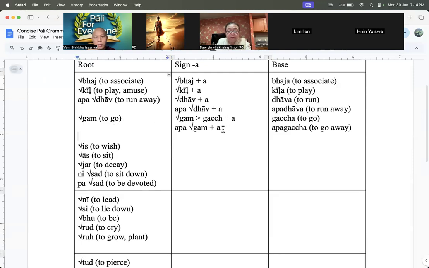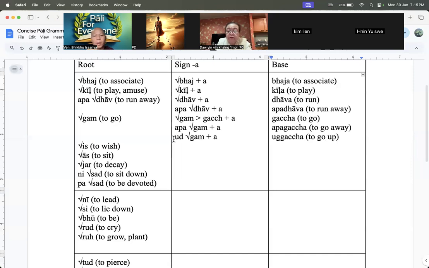And also with ud and the root gam and a, we have uggaccha. This d and g become gg, assimilated, making the same, and then this m changes to ccha. So it means to go up.